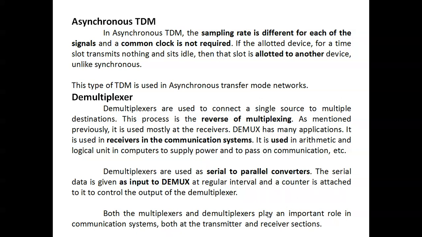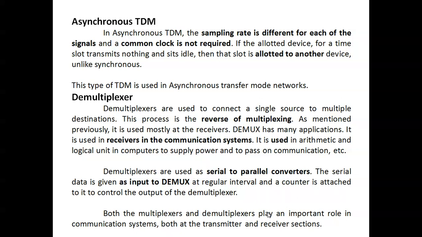Finally, the demultiplexer is the reverse process of multiplexing. In multiplexing, many signals are converted into one single signal and sent over a single cable. The demultiplexer is the opposite: a single line is converted into many signals.